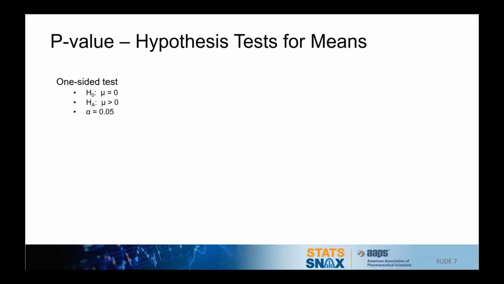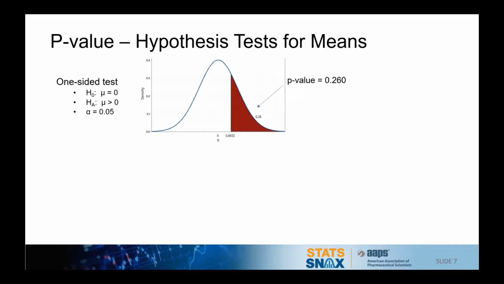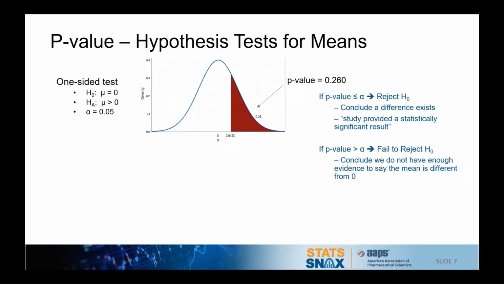After the sample data are collected, software is used to calculate the test statistic and p-value. The p-value was calculated to be 0.26 and is represented by the red shaded area under the curve. We either reject or fail to reject the null hypothesis based on statistical evidence.